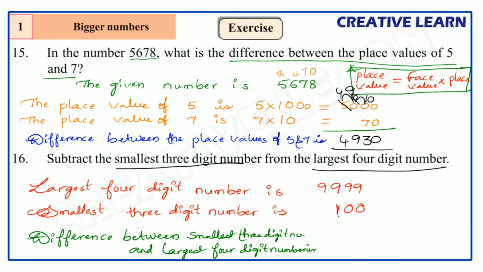Please do the subtraction. 9 minus 0, it's 9. Again 9 minus 0, 9. 9 minus 1, 8, and 9. So what is the difference between the smallest 3-digit number and the largest 4-digit number? That is 9899, the required answer.